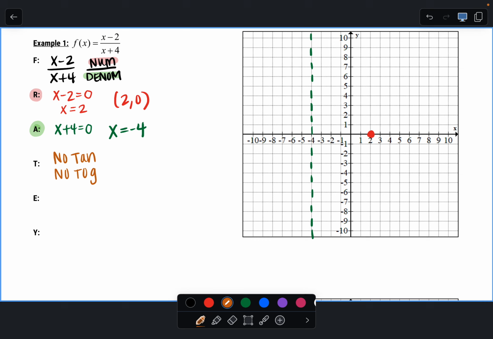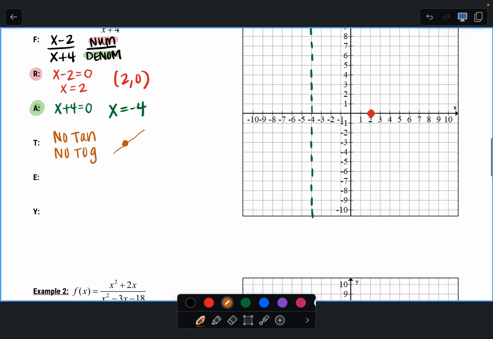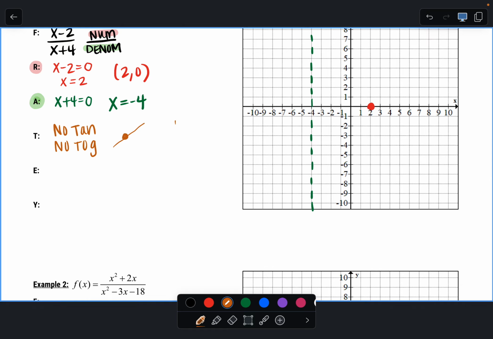So just as some little notes for us as we start to look at graphing ahead, no tangency means we should be going through a point. You're not bouncing off in the same direction. No togetherness, if I have an asymptote, they need to be going in opposite directions. So opposite arrows.